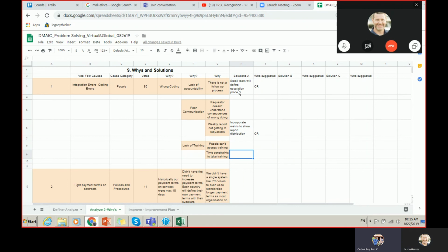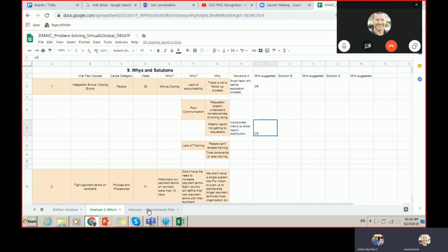So, for example, here, we're saying we need a small team to define the escalation process. Okay. And who suggested that solution? Well, Carlos. Okay. What about this one? Incorporate metric to show report distribution. Okay. So then in this phase, there are two goals. One is to dig deeper, and two, to identify potential solutions.